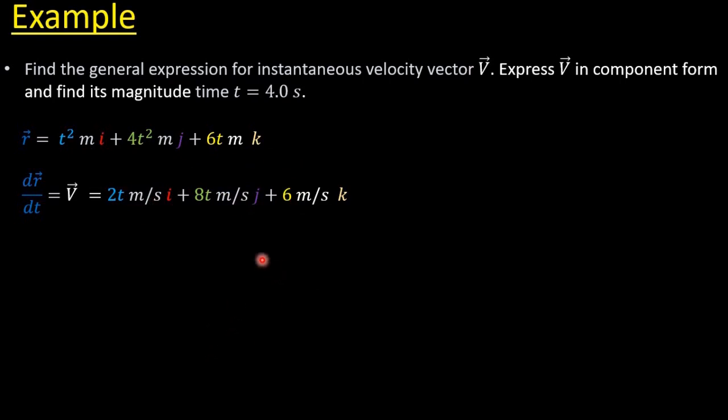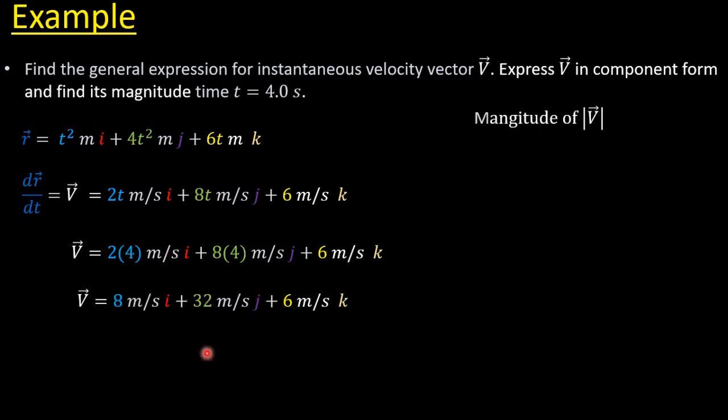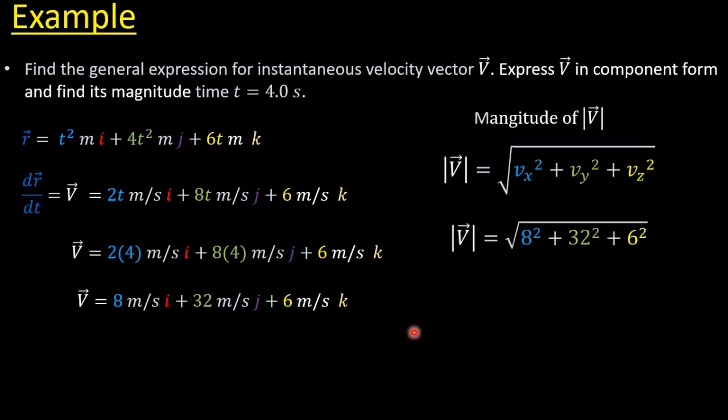Okay, so that is our general expression for the instantaneous velocity vector v. Okay, so we put in time t equals 4 seconds, and we get this. And then if we find its magnitude, we just apply Pythagoras to this, and then we put the numbers in, and then we get square root of 1124, which is 33.53 meters per second, and that is the magnitude at time t equals 4 seconds.